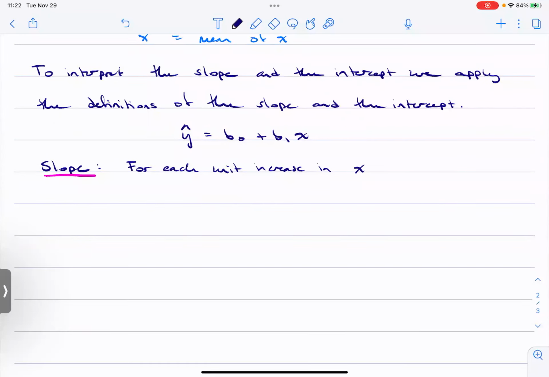So for each unit increase in x, we expect to see a slope, and that's where you would replace that slope with that b1 increase. I'll say b1 increase, and maybe I'll throw in unit increase in the predicted value of y.